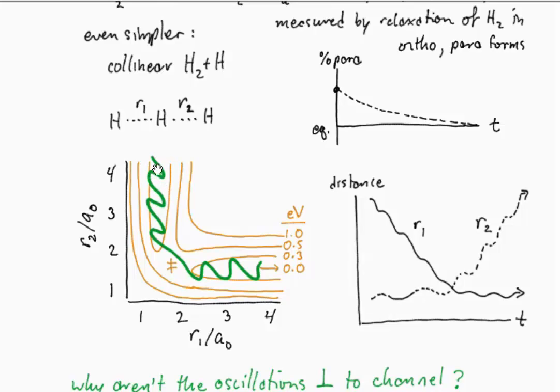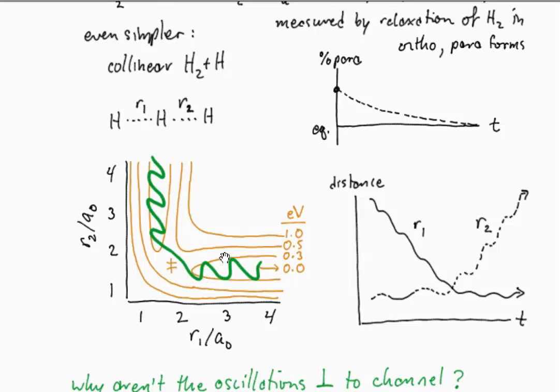Now, one of the things that you might notice here is that this does not look like the path that a marble would take on this energy landscape. This is an analogy that people make a lot of times, but actually that's only true if you choose very special coordinate systems that make the kinetic energy operator diagonal. Okay, so what's happening here is that oscillations in R1, if I make R1 longer, it tends to make R2 shorter.